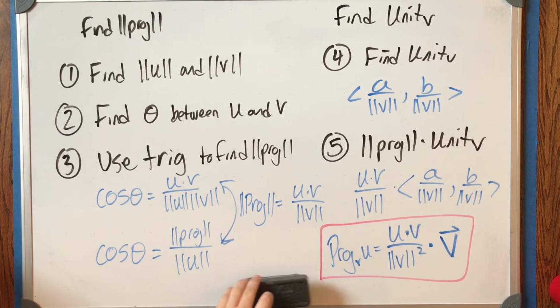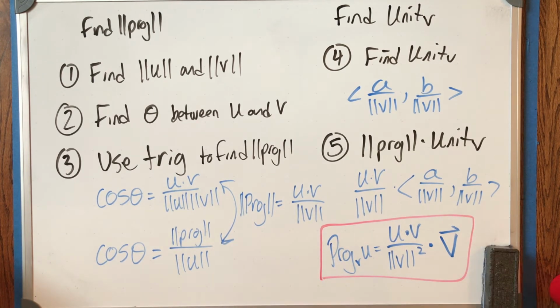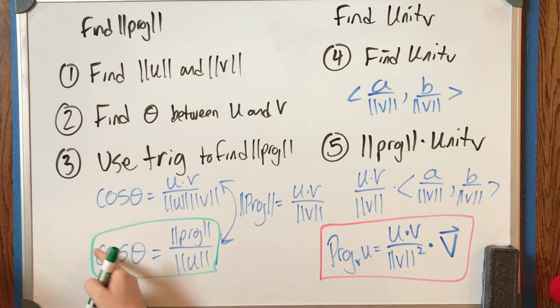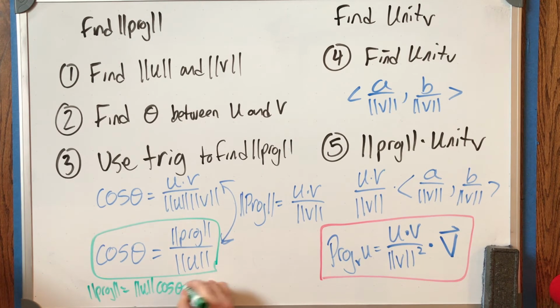There's one last thing that I want to talk about before I erase any of this, which is that there's another way of thinking about what's going on here. If I rewrite this and move this u over to the other side, the length of the projection is equal to the length of u cosine theta.